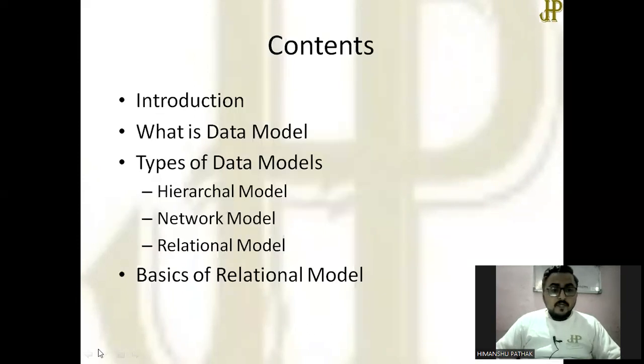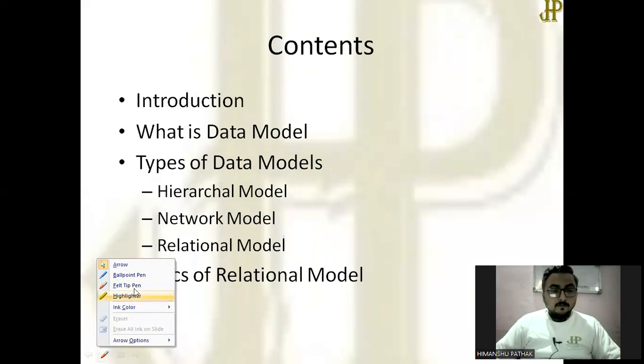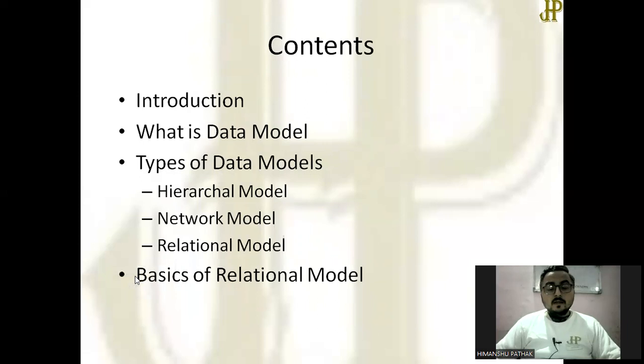Today we cover what is data model, then types of data models. We will cover three models, that is hierarchical model, network model, and relational model.